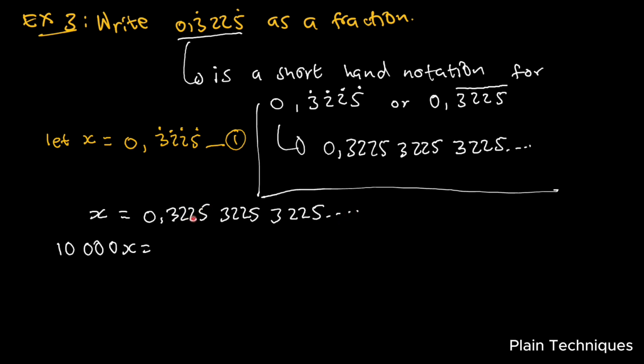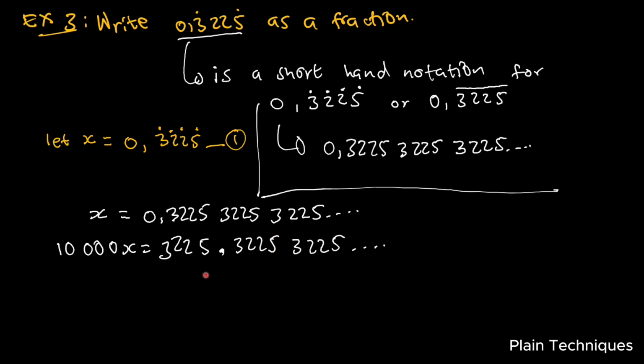So 3225 comma 3225, 3225, just like that. Now, there is another way to rewrite what we have here.